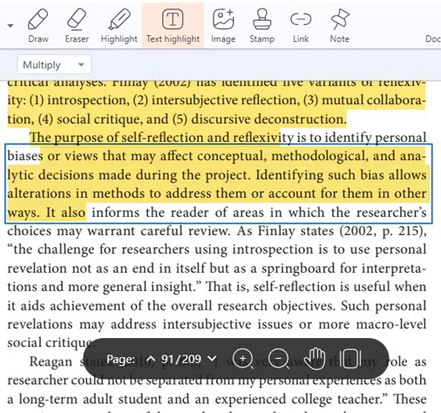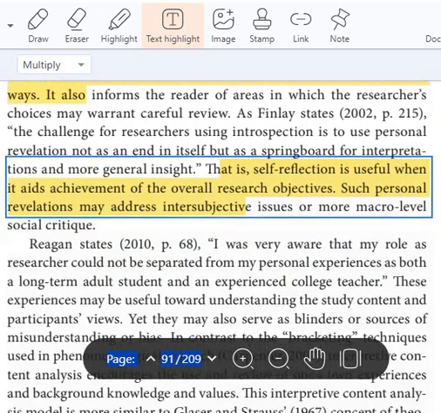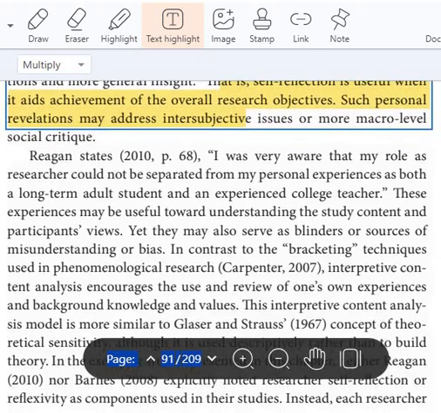That is, self-reflection is useful when it aids achievement of the overall research objectives. Such personal revelations may address intersubjective issues or more macro-level social critique. Okay, here it says that Reagan states, I was very aware that my role as a researcher could not be separated from my personal experiences as both a long-term adult student and an experienced college teacher.